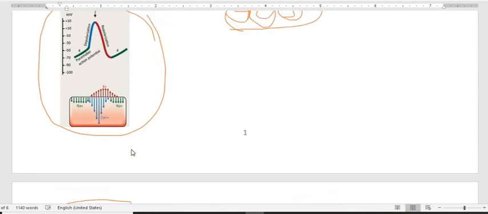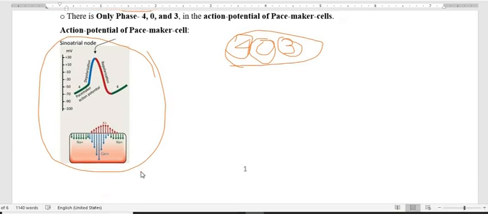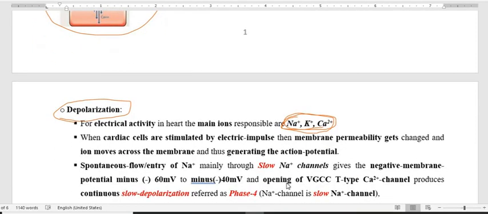The electrical activity in the pacemaker cell, which may be the SA node, AV node, as we already discussed, is associated with the movement of ions like sodium ion, potassium ion, and calcium ion.